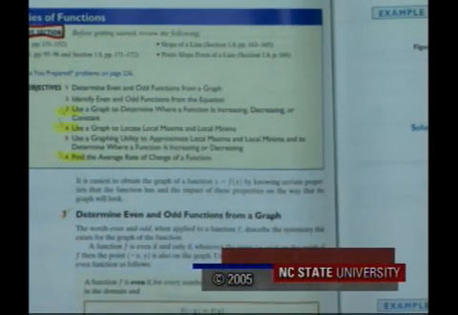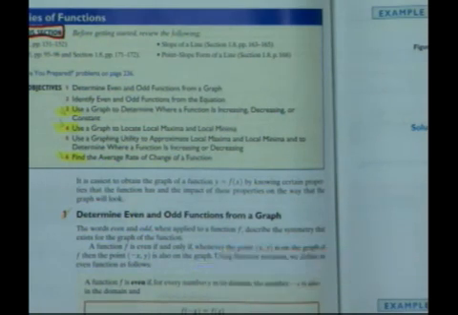Local or relative max. Remember, you have to go in that little neighborhood and find your highest point for a local max, or go in that little neighborhood and find your smallest point for a local min. But when it asks you for the maximum or minimum value of the function, what kind of answer are you giving?